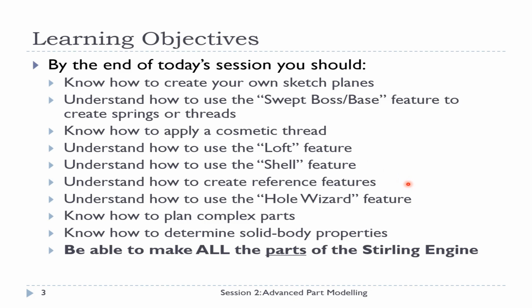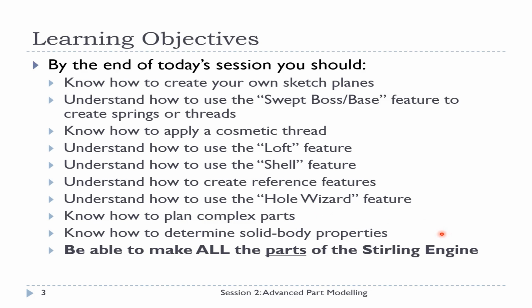Then we will show different reference features other than planes. So we will talk about how to create axis and point, and then we will use the hole wizard feature, and then we will show you how to plan complex parts, what steps you need to follow, which may help you to design fairly complex parts in SolidWorks or in any other CAD package.